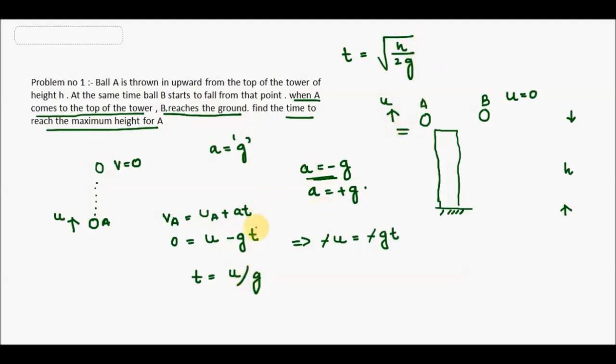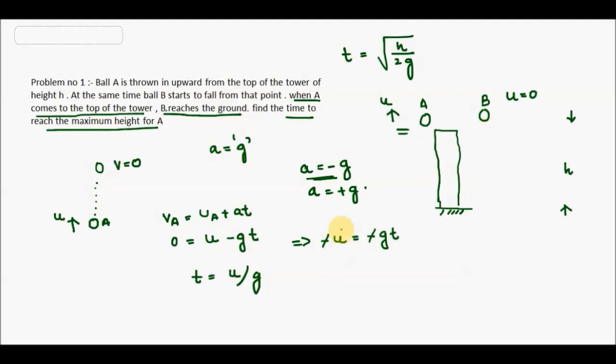To make this substitution, I'll use what the question says. The question says that when A comes to the top of the tower, ball B reaches the ground. I have already told you that this simply means that when ball A, after returning from its highest position, again comes to this point, the time taken will be equal to the time taken by ball B to reach the ground.